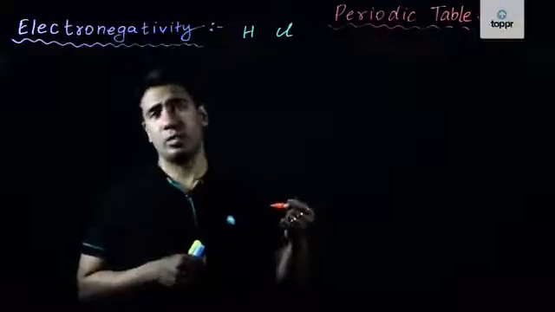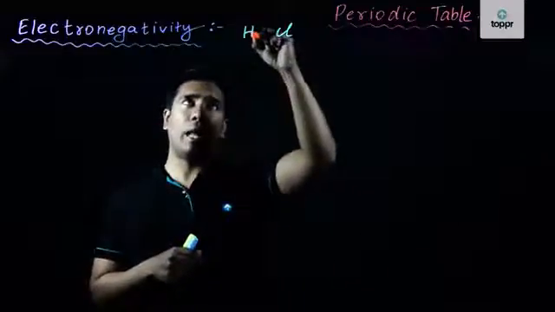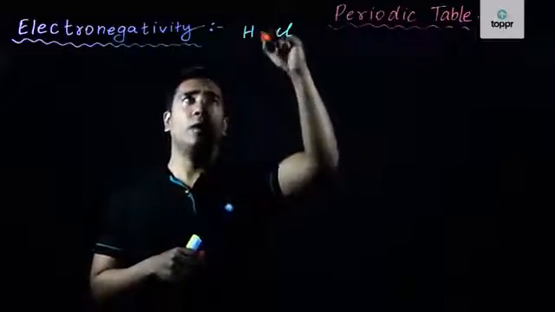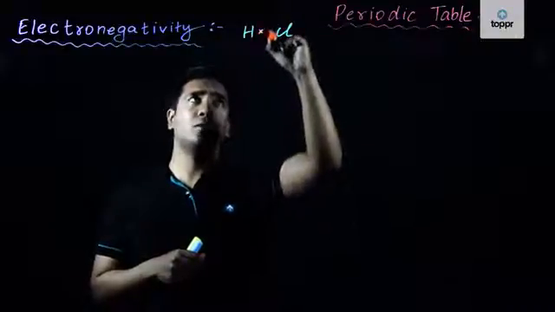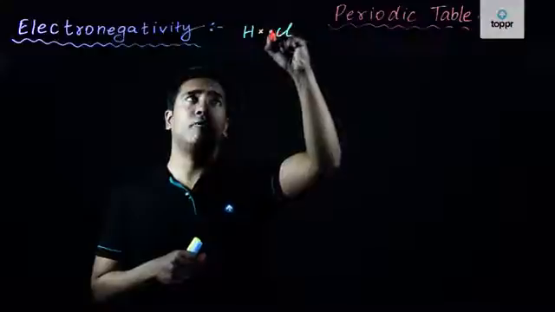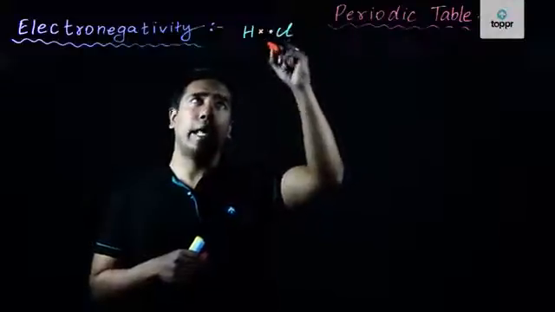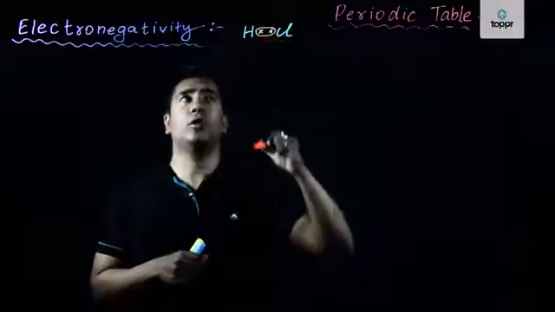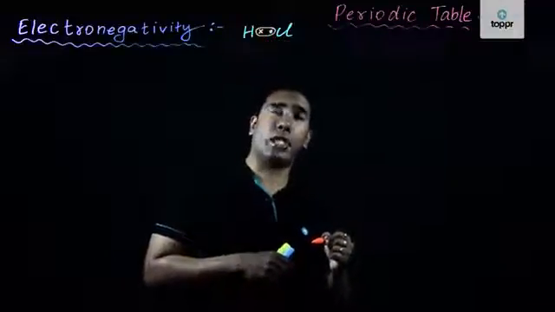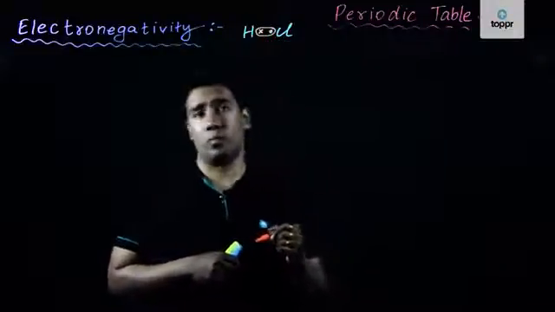Hydrogen can even lose its electron. So they form a covalent bond wherein this cross is the electron of hydrogen and this dot is the electron of chlorine, and hence we can have this sharing of this pair of electrons. Whenever we have such a sharing of a pair of electrons, a covalent bond is formed.